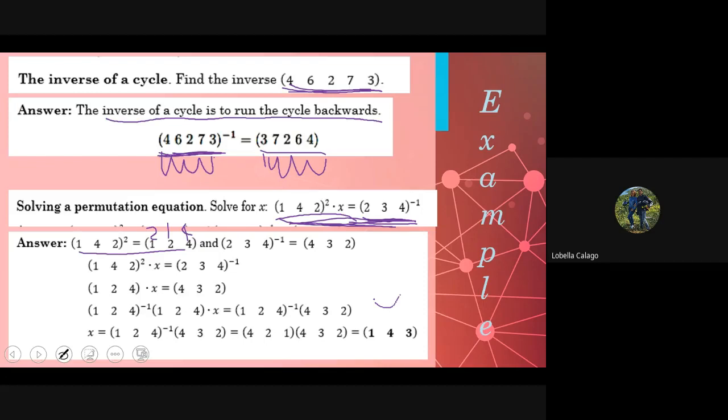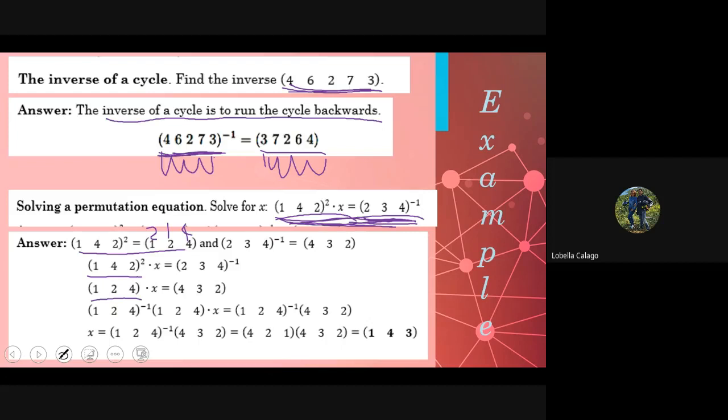Okay. So, assuming yung (1 4 2) squared, change niya sa (1 2 4). Ito yung given natin: (1 4 2) squared times x is equal to (2 3 4) inverse. So, we will substitute because we found out that (1 4 2) squared is (1 2 4) times x, and the inverse of (2 3 4) is (4 3 2).